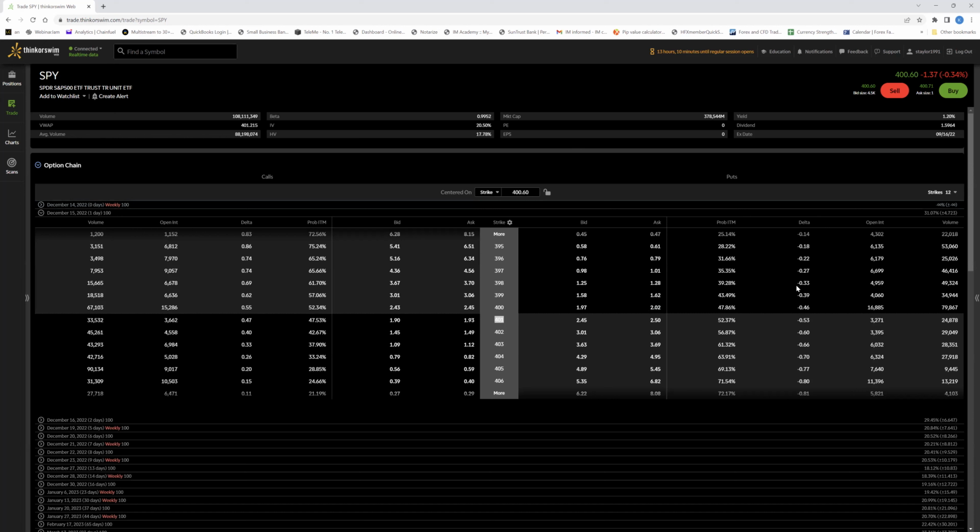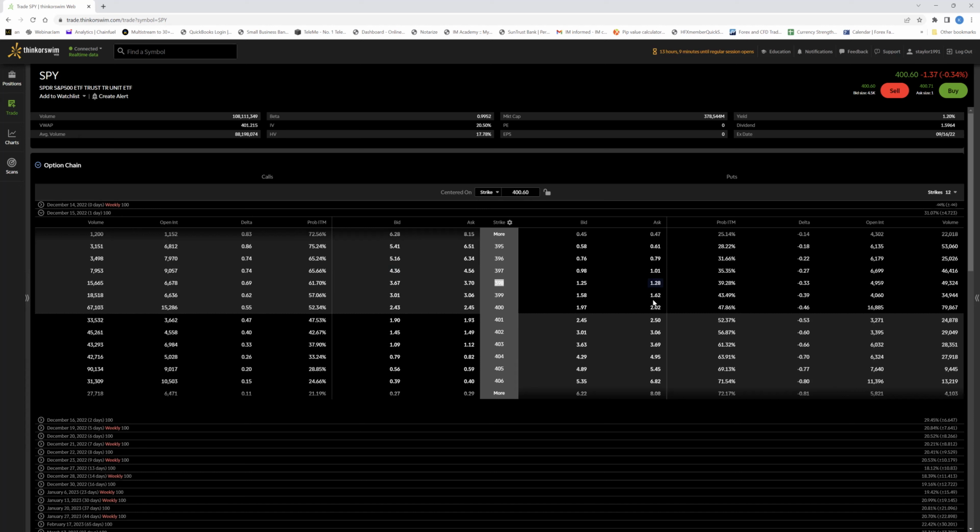The smaller the delta, the smaller the move. So while we can take 1 to 2 out of the money, as long as it has a 0.3 delta or higher, you can still make some good money. For instance, 398, if we were taking a put, will be out of the money.